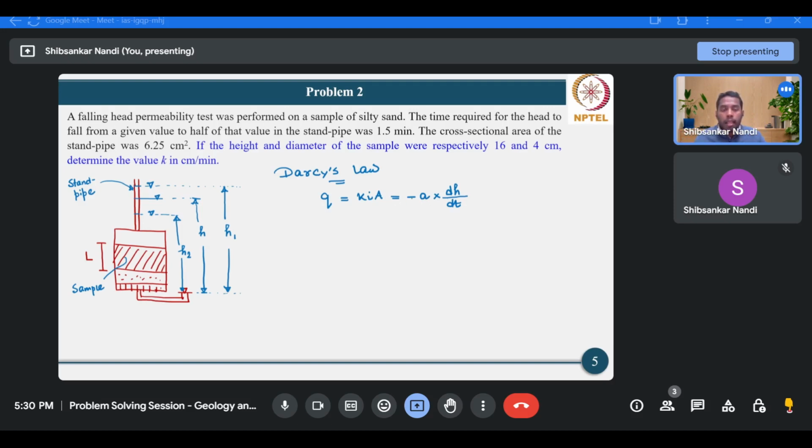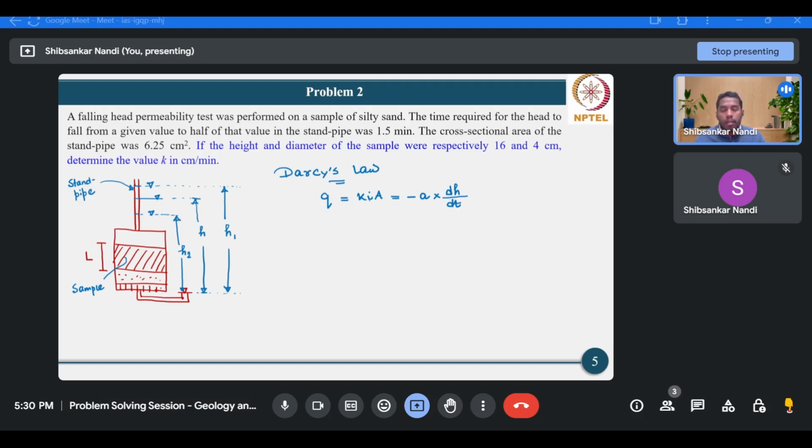Now why is this negative sign there? This negative sign indicates that with the course of time the head is decreasing. So to indicate the decreasing trend, a negative sign is used here.